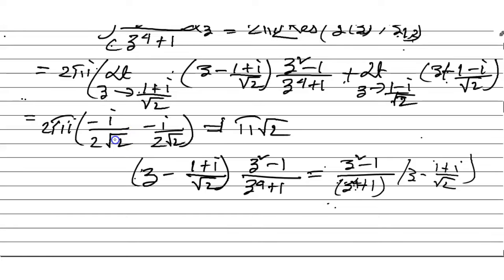Now friends, you will see that z to the power 4 plus 1 equals 0.